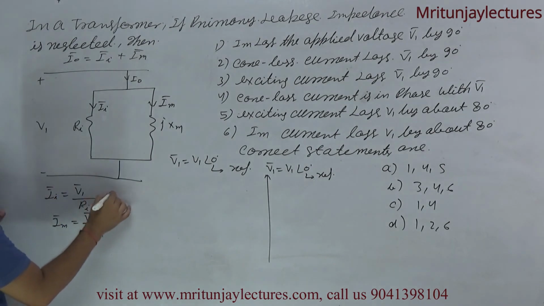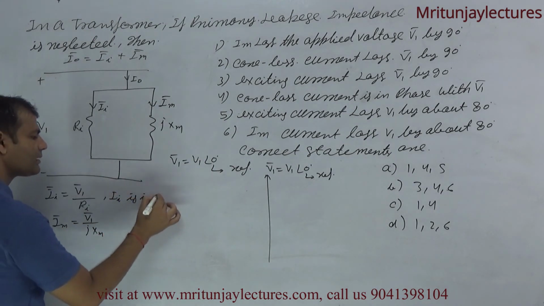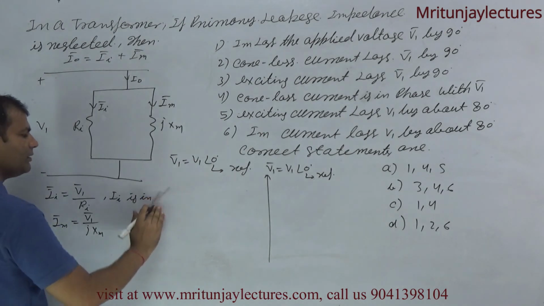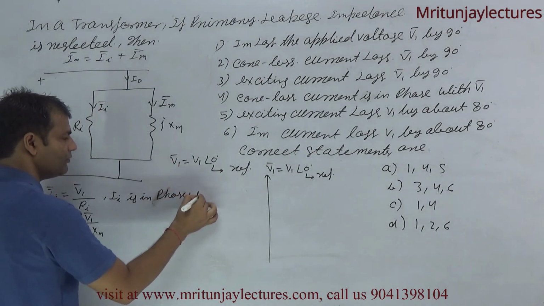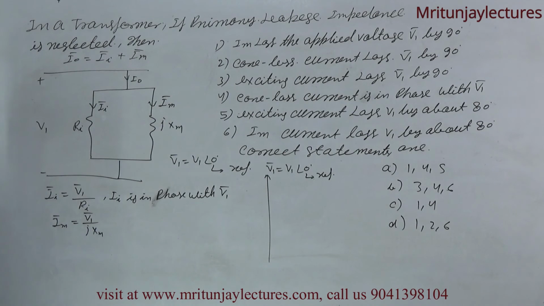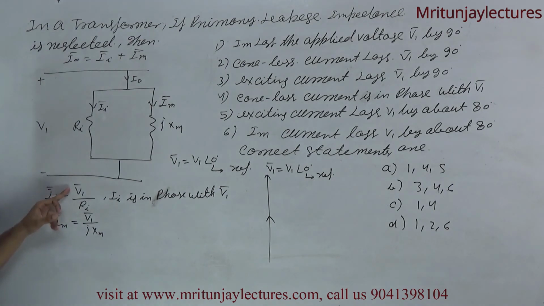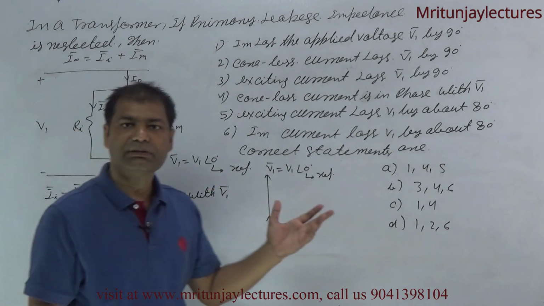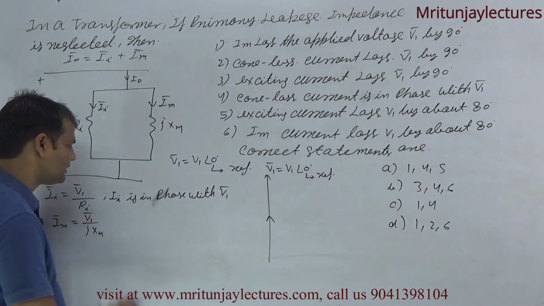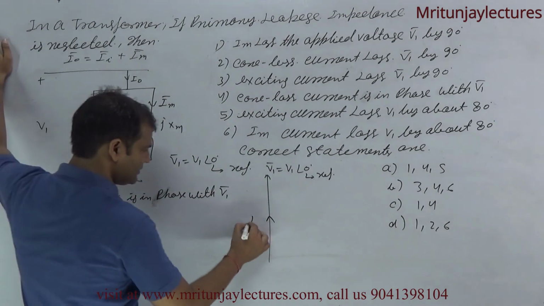Ii is in phase with V1, because Ii is equal to V1 divided by Ri, and V1 is at the angle 0, so Ii has the same angle. So Ii is in phase with V1.